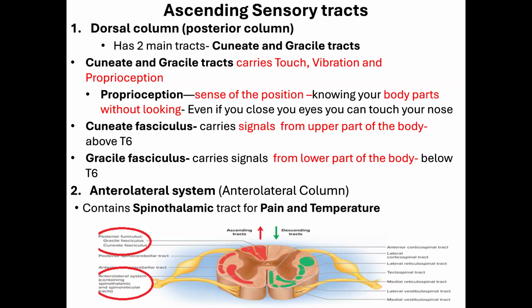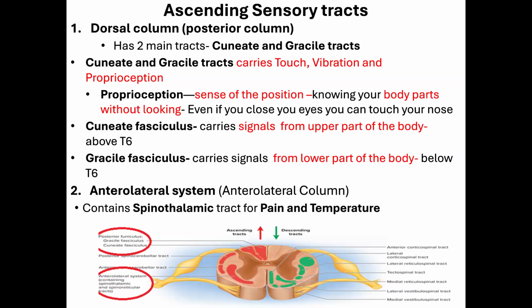What do you mean by proprioception? Proprioception means it's a sense of position. So now, when I look at my hand, I know my hand is on the left side here at this level. That's because I see it. Say I close my eyes and I don't see the hand. Can I touch my hand? You can.